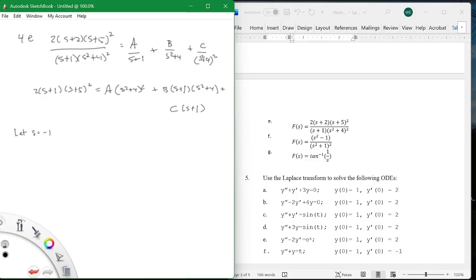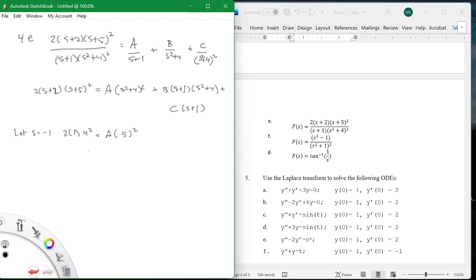So, okay, this is a 2 here. It's a 2. Okay, so s equals minus 1. So this is minus 1 plus 2, which is 1, times 4 squared, is equal to a times minus 1 squared plus 4, or 5 squared.